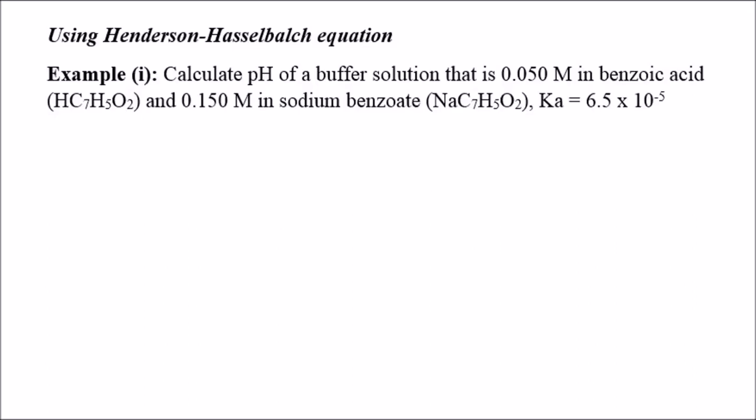So using the Henderson-Hasselbalch equation, calculate the pH of a buffer solution that is 0.050 molar in benzoic acid, so this is our benzoic acid, and 0.15 molar sodium benzoate.